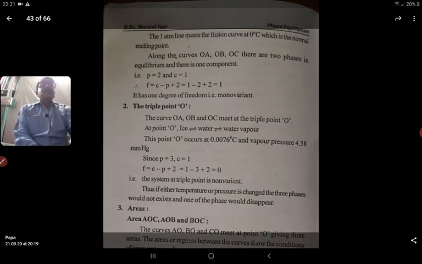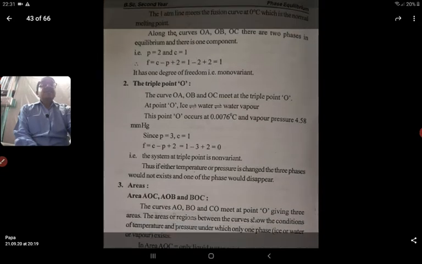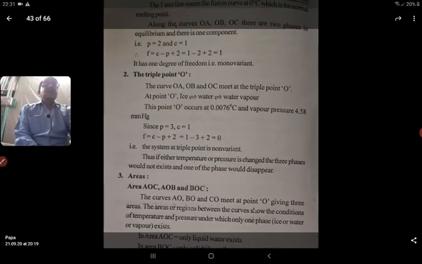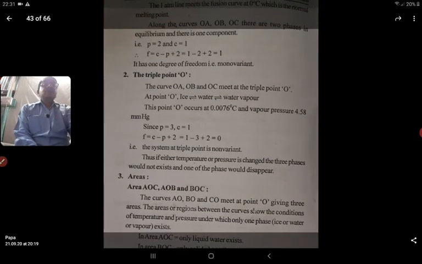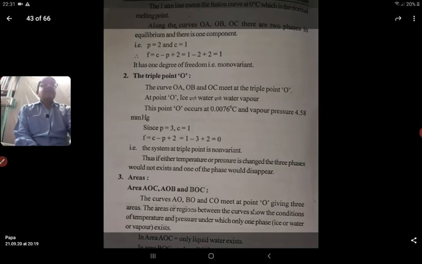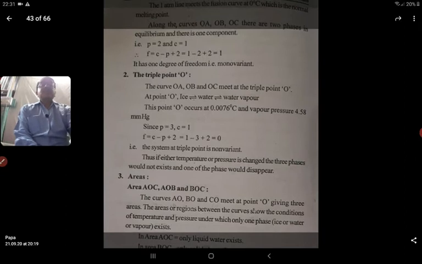Another point is the triple point O. The curves OA, OB and OC meet at the triple point O. At point O, ice, water and water vapor are in equilibrium. This point O occurs at 0.0076 degree centigrade and vapor pressure 4.58 millimeter of Hg.